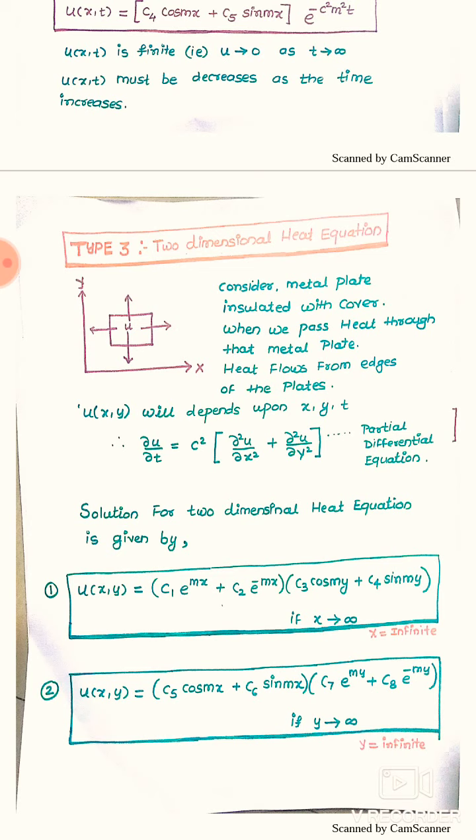The second solution is used when your metal plate is infinite in length in the y direction. Students, try to remember these two general solutions. If your metal plate is infinite in the x direction, you can use the first general solution, and if it is infinite in the y direction, you can use the second general solution.